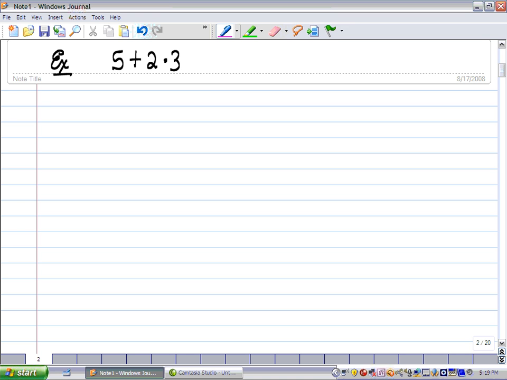Now this is called an expression because there's no equal sign. So this is an expression, and I am simplifying it using order of operations.